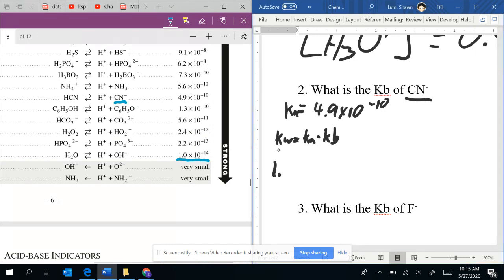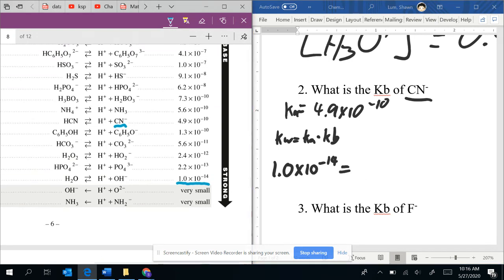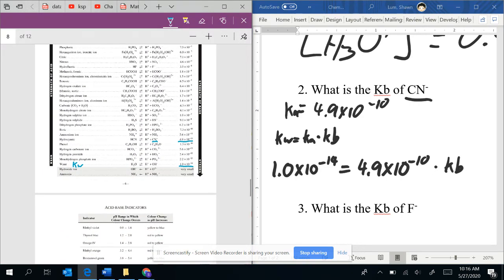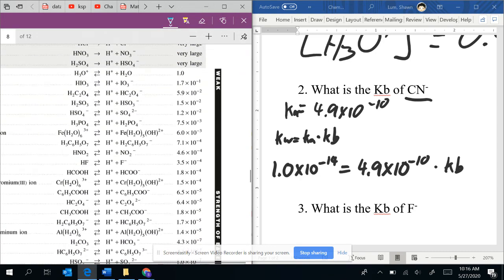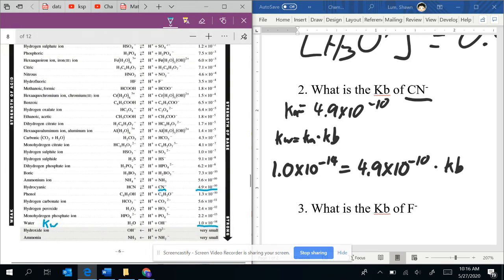So it'll be 1.0 times 10 to the negative 14 equals the Ka of the conjugate acid, which happens to be 4.9 times 10 to the negative 10, times the Kb. We don't know the Kb. This table only tells us what Kas are, and it expects you to calculate the Kbs of these things.